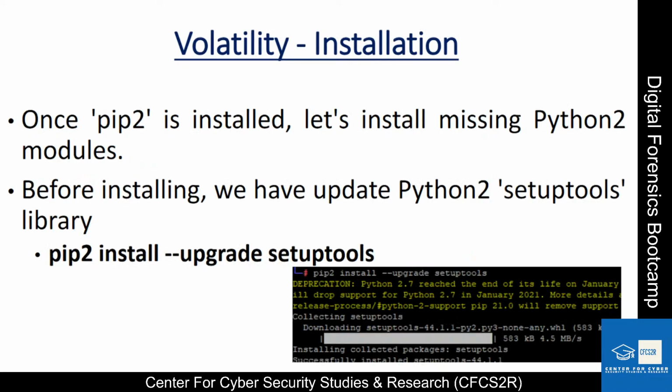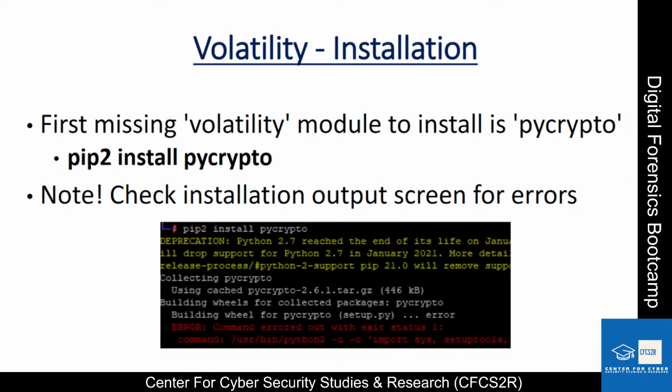So Volatility installation is a little bit tricky process. We have given the entire process, because if we go with the installation, it will take around 1 hour or something, and I don't want to add one more hour to this.